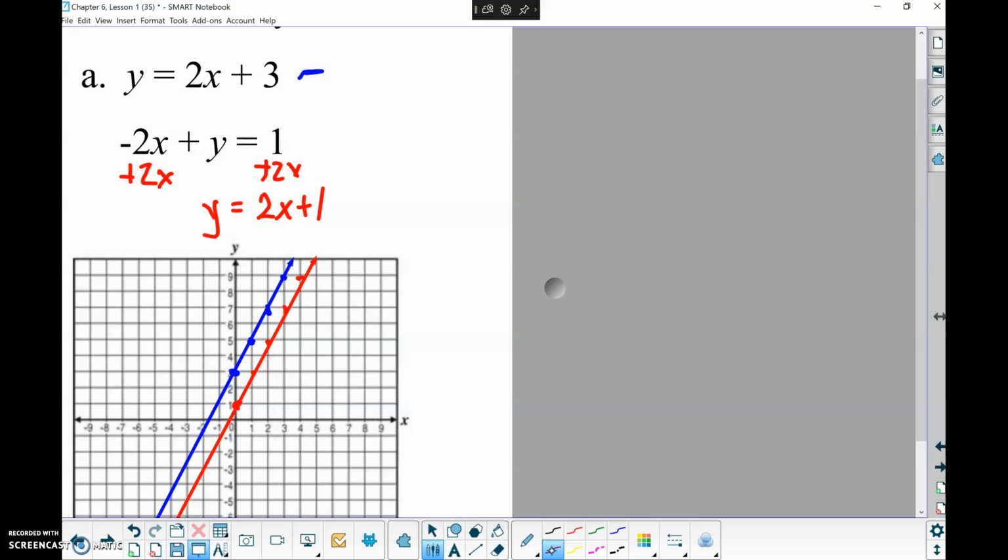What is it? No solution. When the lines are parallel, we get no solution. Excellent.